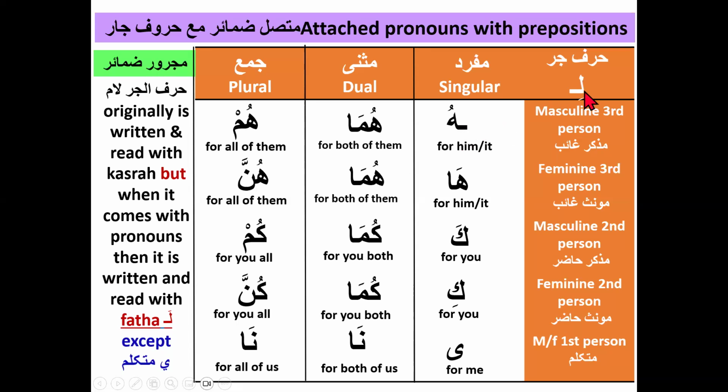If we say lam with kasra and read it lihu, can we? It looks so strange. Lihu. It doesn't look nice when speaking. Lahu is so easy. Lahu, lahuma, so we can read so easily.